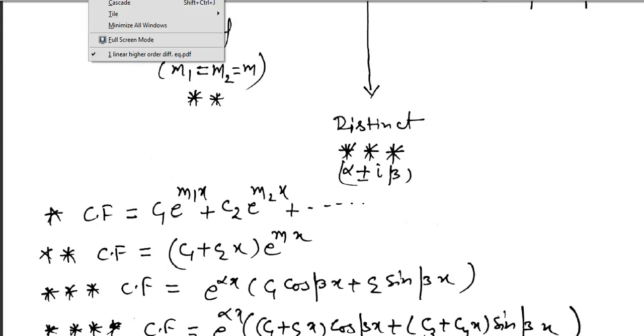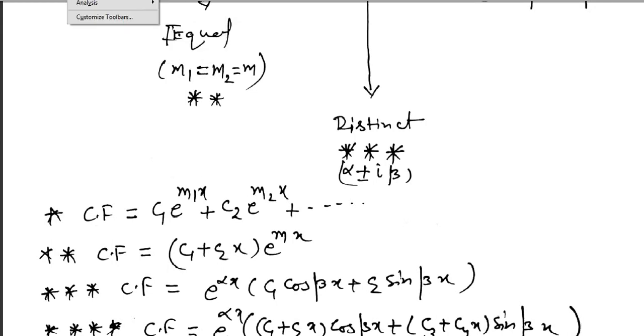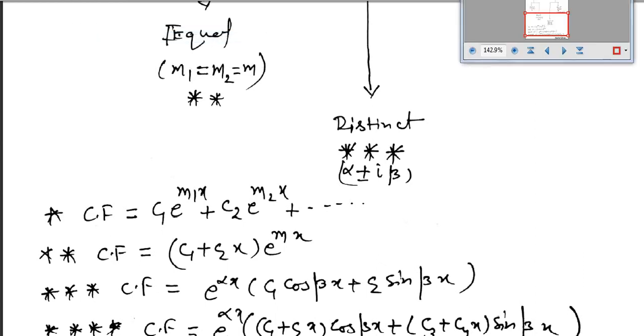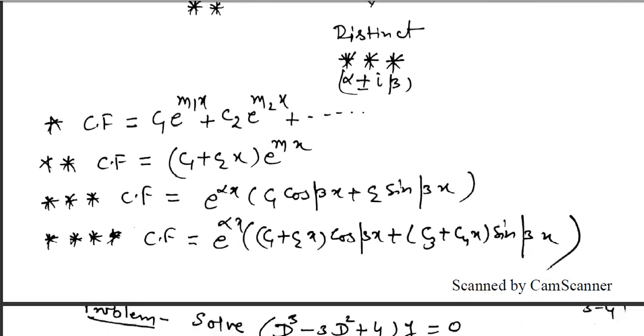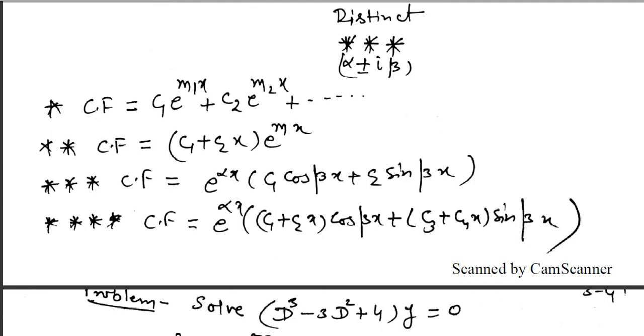If roots are alpha plus minus i beta and alpha plus minus i beta, which means repeated roots, then CF is equal to e to the power alpha x, C1 plus C2x cos beta x plus C3 plus C4x sin beta x.